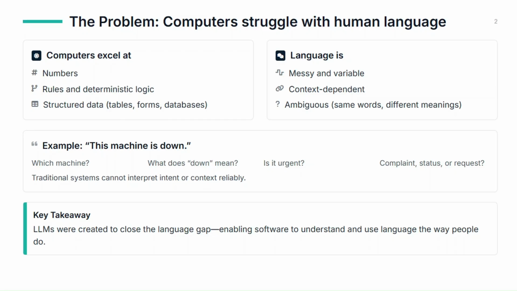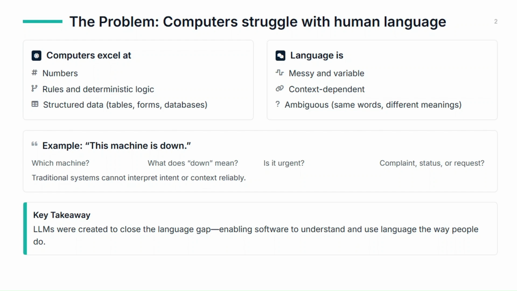To understand why LLMs matter, we must first understand the problem they were created to solve. Computers are excellent at numbers, rules, and structured data: tables, forms, databases. But human language is very different. It's messy. It depends on context. It often leaves things unsaid.